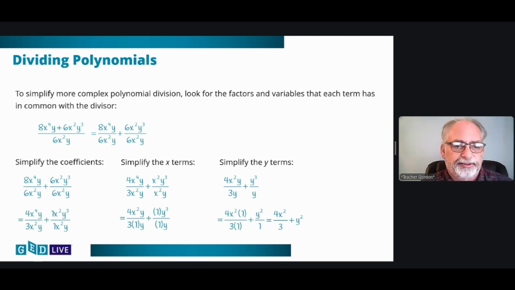When you ask Boris something, say, hey, Boris, I didn't understand how x to the 4th over x squared became just x squared, or how y over y became 1. Be very specific so Boris knows what to address. If you just say, I don't understand, that doesn't help Boris. He doesn't know what to clarify for you.